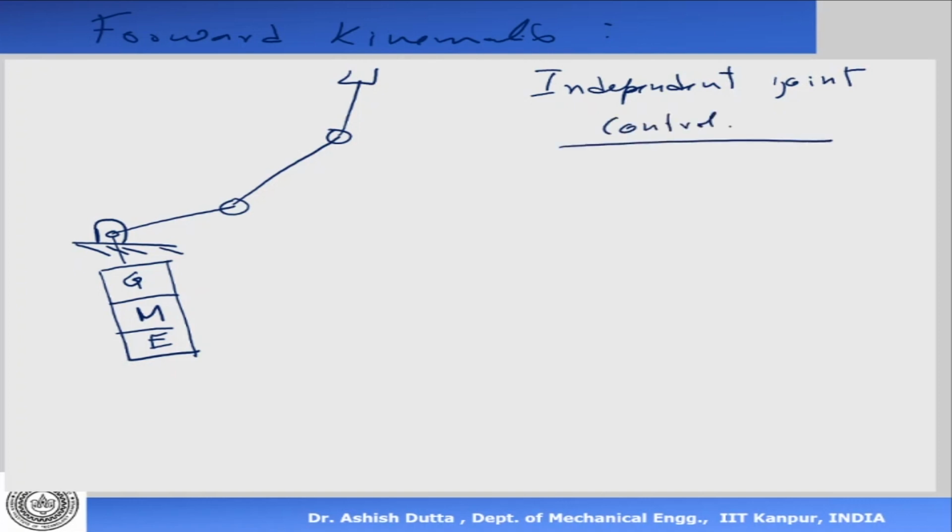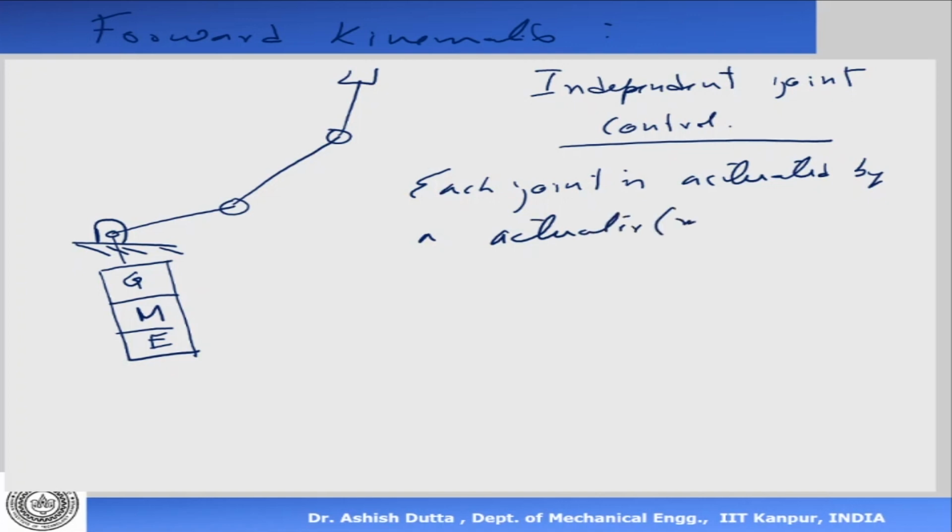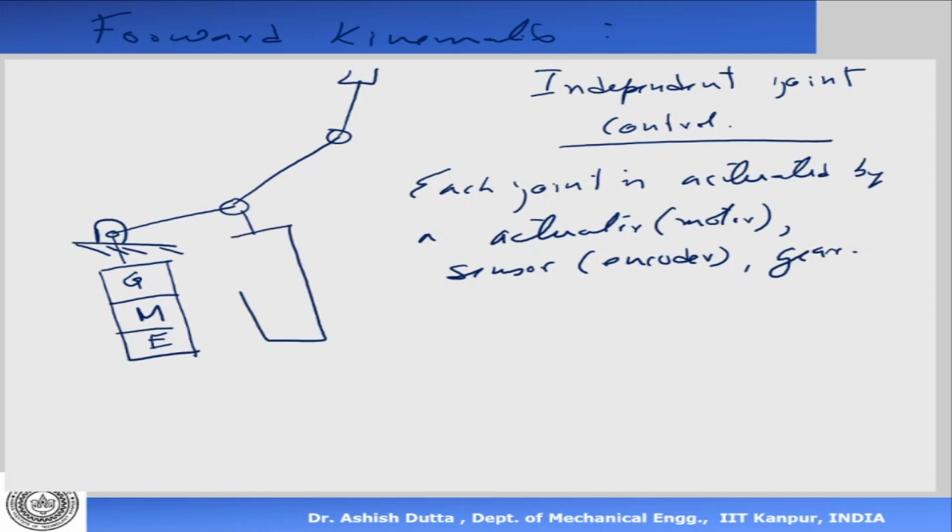Independent joint control means that we are controlling every joint independently of the other joints, and each joint is actuated by an actuator. In this case it's an electric motor, most commonly, there is a position sensor, which is an encoder, and there is a gear.